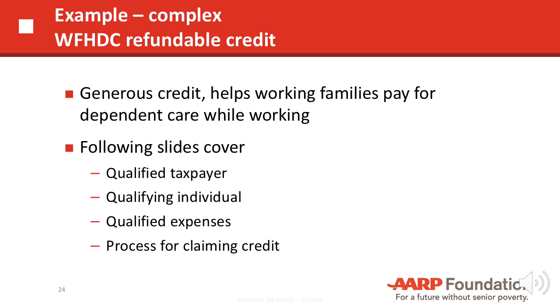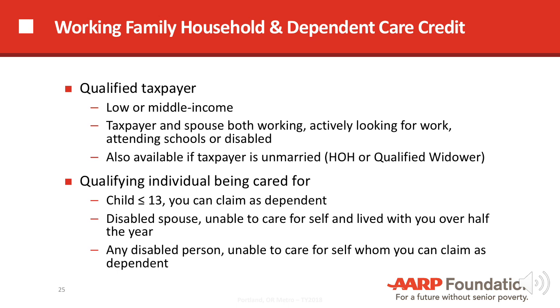We've mentioned the Working Family Household and Dependent Care Refundable Credit in a previous module. This is a lucrative credit, and it helps working families pay for care for their dependents while they're working. The eligibility criteria for this credit are similar but not exactly the same as the Form 2441 on the federal return.